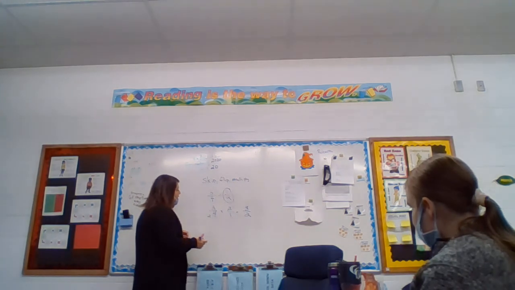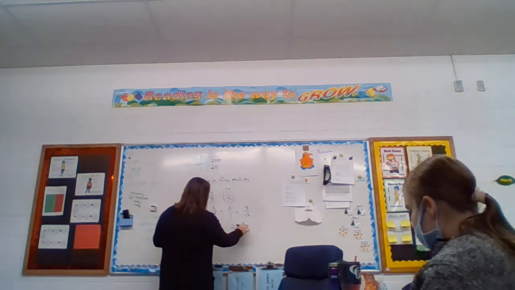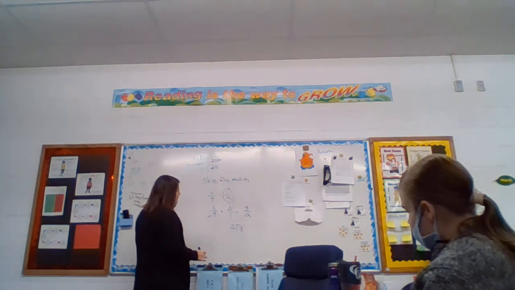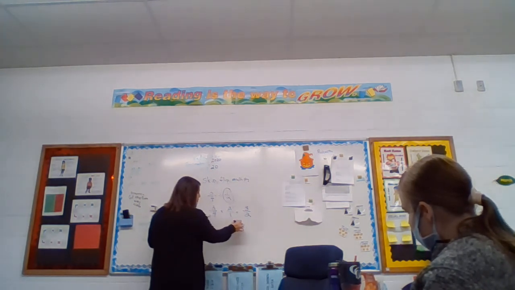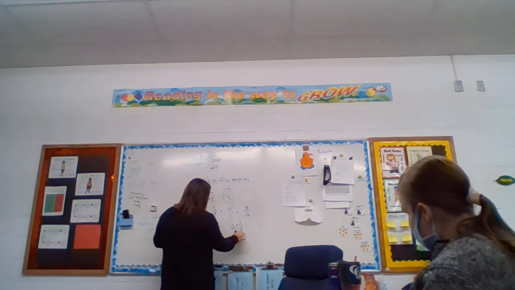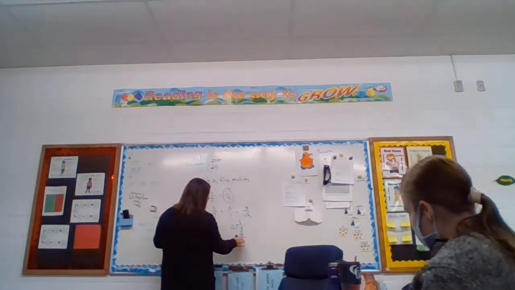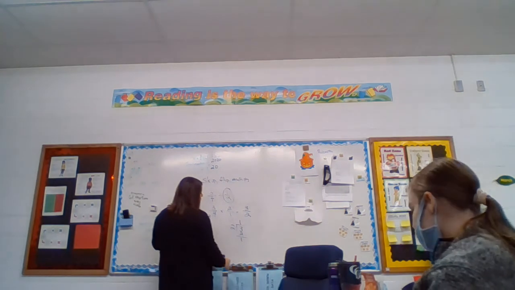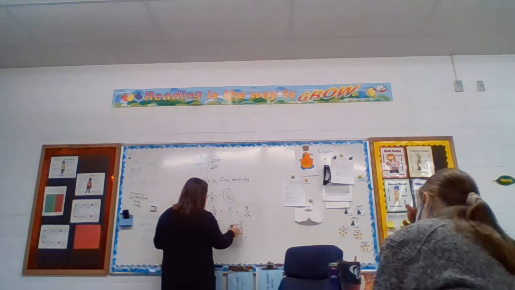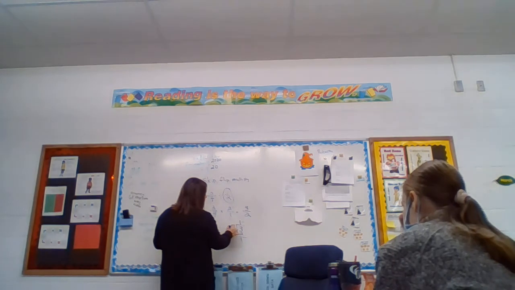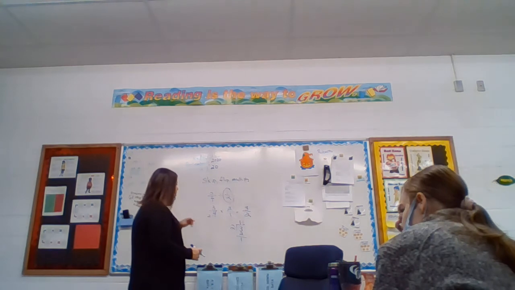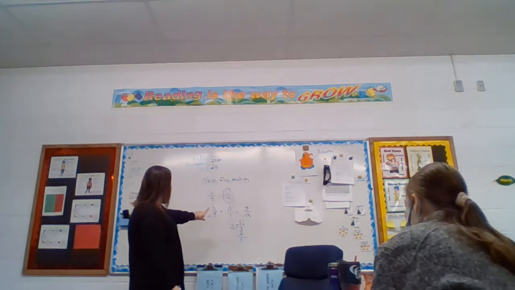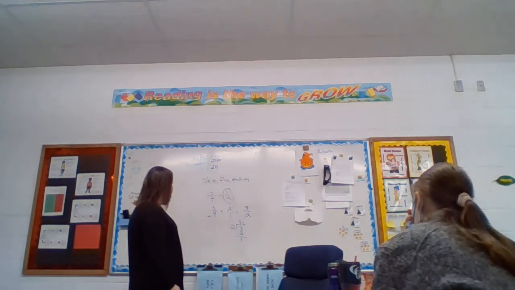Okay, so we're going to reduce that by dividing 3 divided by 2. So 2 goes into 3 how many times? 1. 2 times 1 is? 2. 3 minus 2 is? 1. Okay, remember then our remainder becomes our numerator and this becomes our denominator. So 3/4 divided by 1/2 is 1 1/2.